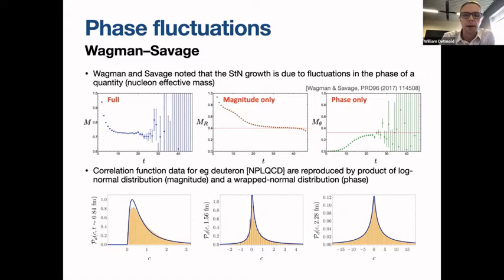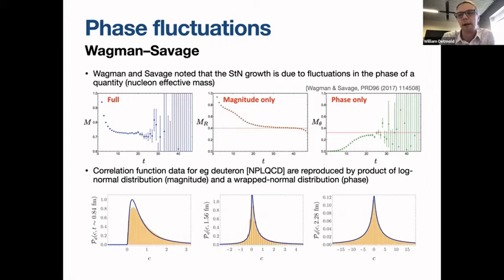And as you can see, the distribution is changing quite markedly. However, at every time we can model this distribution by a product of a log normal distribution, which is how we expect the magnitude to behave, and what's called a wrapped normal distribution for the phase.